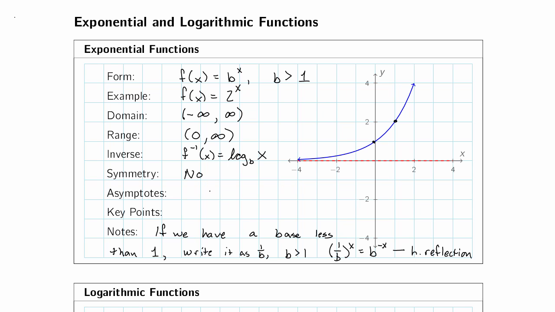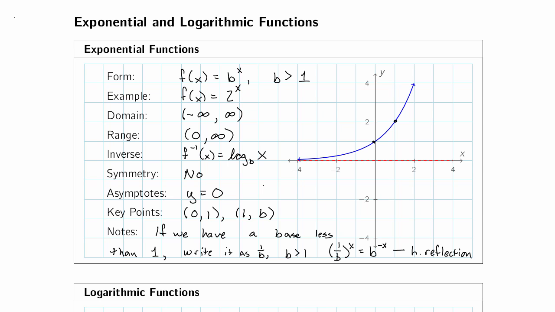It does have one horizontal asymptote at y equals 0. And when we go to graph a function like this, the key points that we'll use are x is 0, y is 1, and then x is 1, y is whatever our base is.